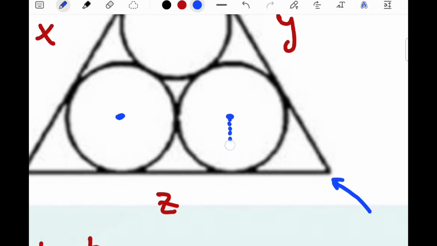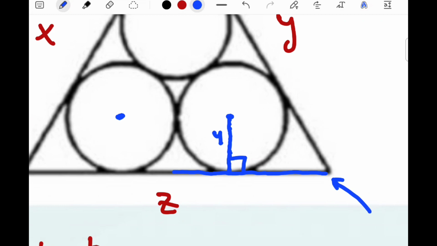This is the radius of length 4, and this line is tangent to the circle as given in the question. Using circle theorems, a line tangent to a circle makes a 90 degree angle with the radius that touches the intersection point. So this is 90 degrees.